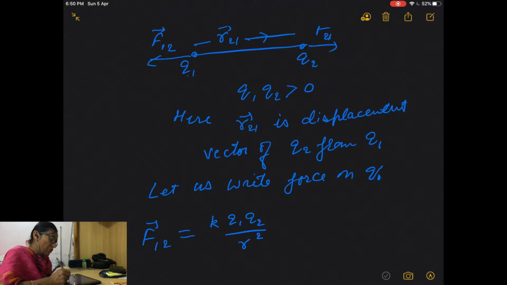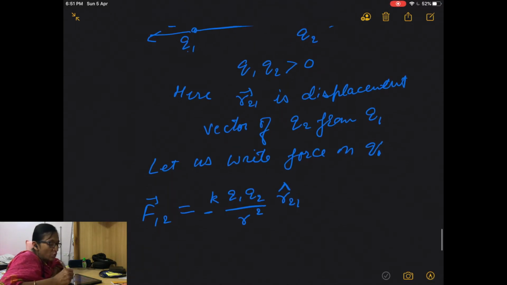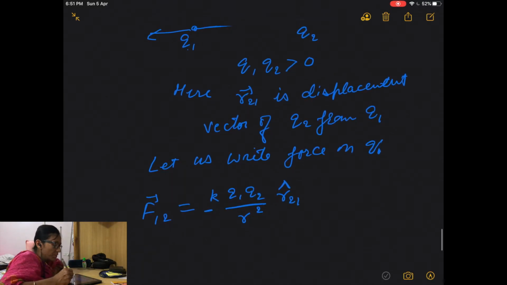Beside this we will write the direction. So tell me, what is the direction of force? This is just opposite to the R21 vector. So I will write a negative sign, minus R21 cap. Here R21 cap is the unit vector in the direction from Q1 to Q2.